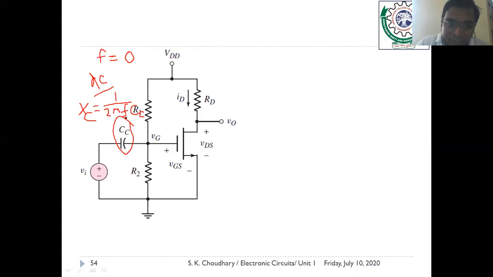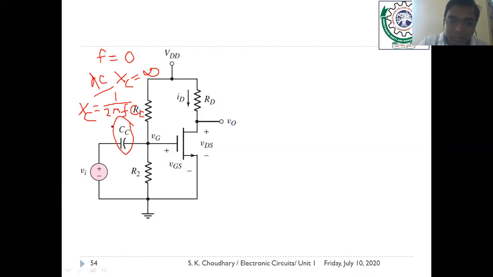So as f is 0, then what happens? Xc becomes infinite or nearly infinite, a very high value. If the reactance is very high or nearly infinite, that means what? It would not allow the flow of current across it. It would not allow the flow of charge carriers across it.